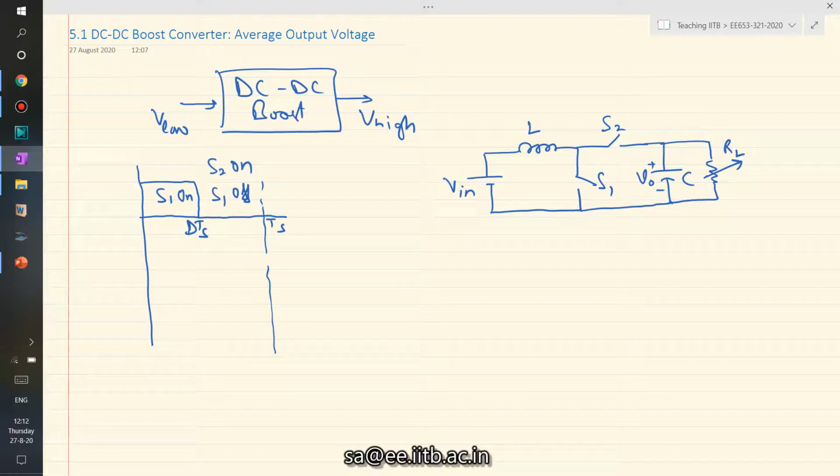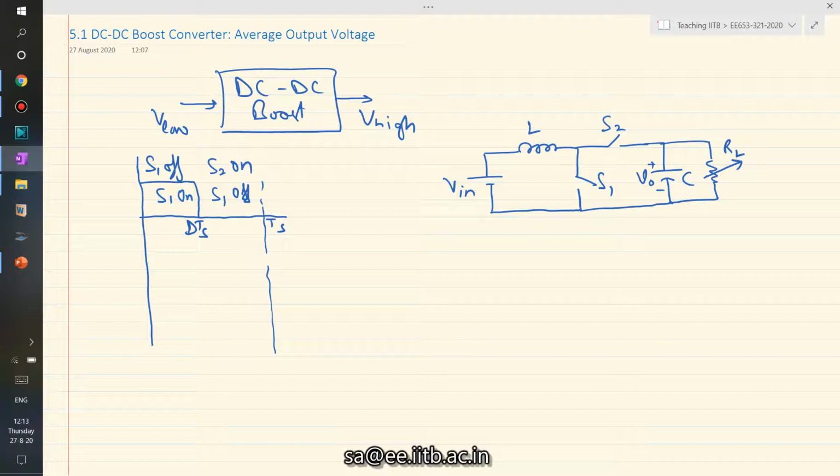So S1 and S2 are complementary in nature. If by accident you turn on both S1 and S2, the output voltage would be short circuited, and because you have a large capacitor at the output, that would lead to a lot of current, which would damage the switches and even the capacitor. Therefore, S1 and S2 are never turned on together in this configuration, very similar to what was happening in the buck converter.